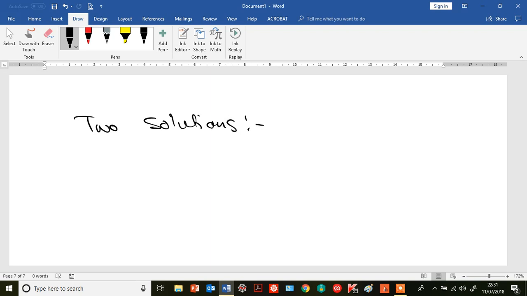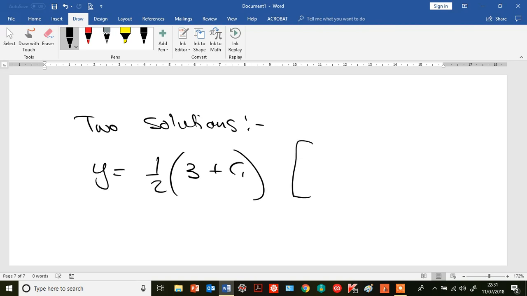So we have a special case which is y equals a half of 3 plus C1. So this is, I'll just write it here, special case of the general solution.